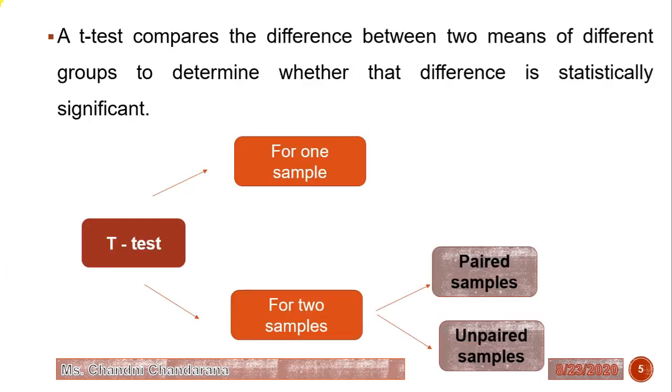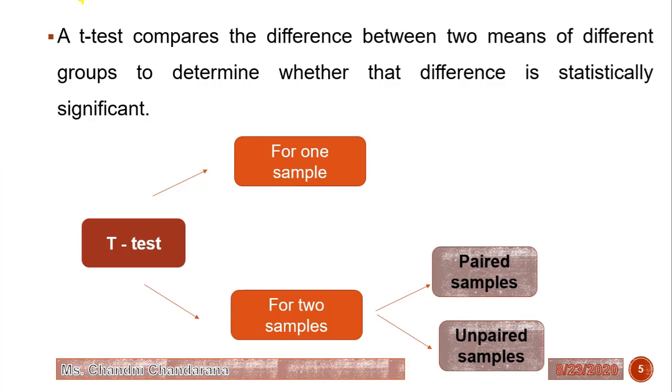A t-test compares the difference between two means of different groups to determine whether that difference is statistically significant. These are the tests for significance. So here we are measuring whether our test or whatever sample we are using is statistically significant or not.